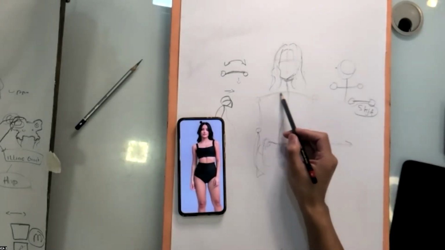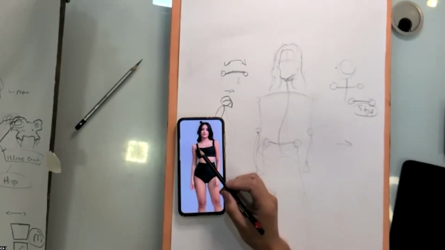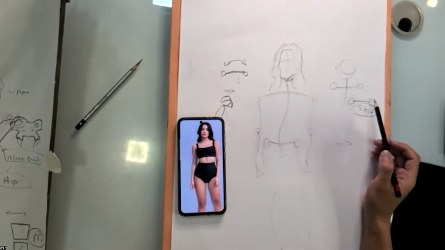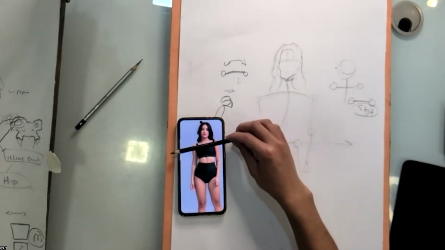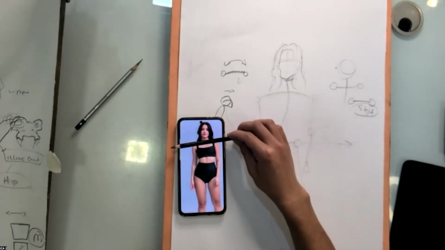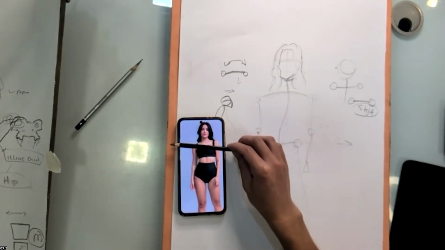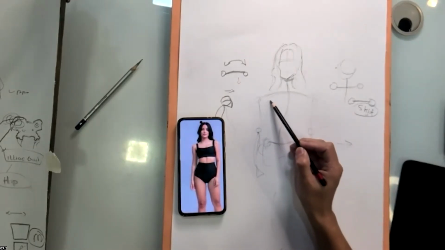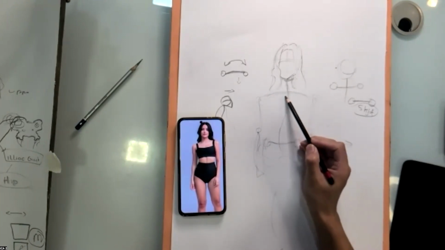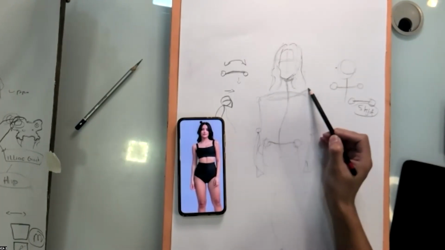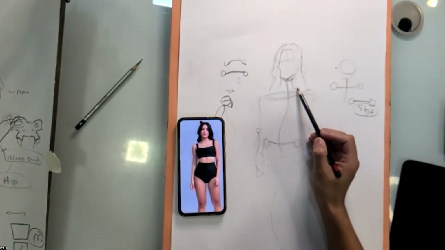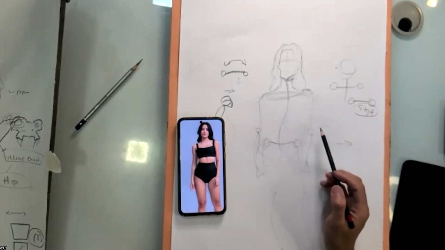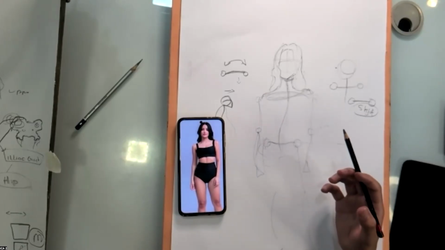However, if you look at the reference, right now it's slanting a little bit towards the left. It's not straight. So when I try to sketch it, I'll try to make it in that way as well.